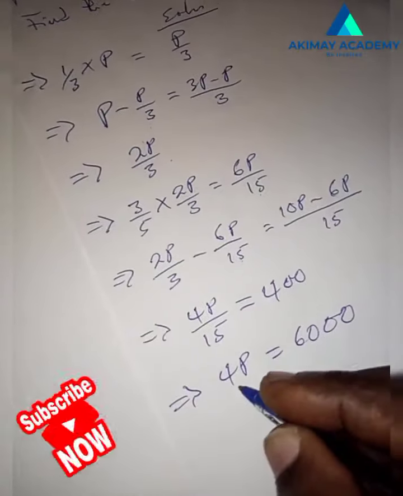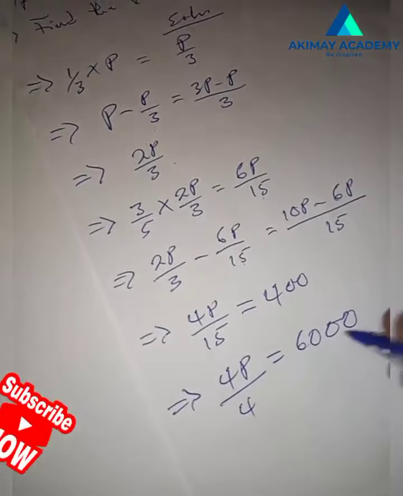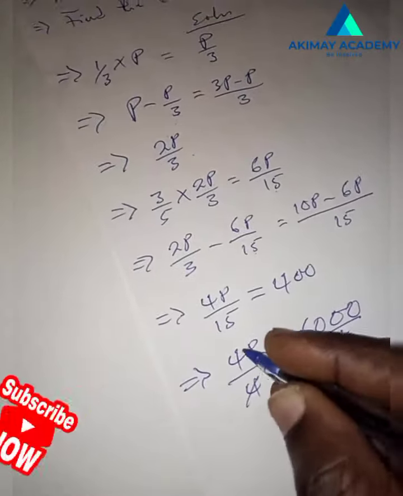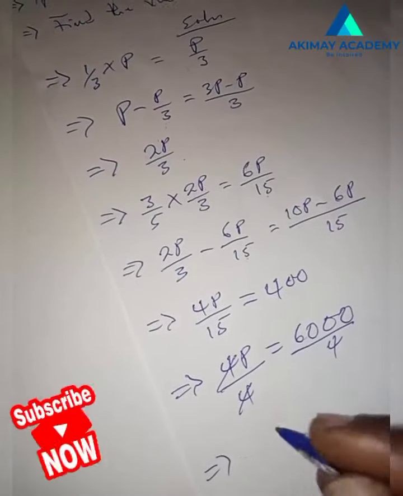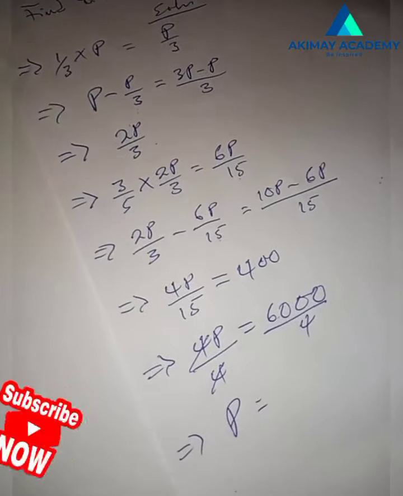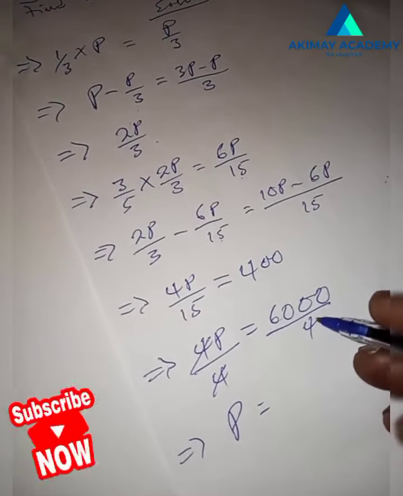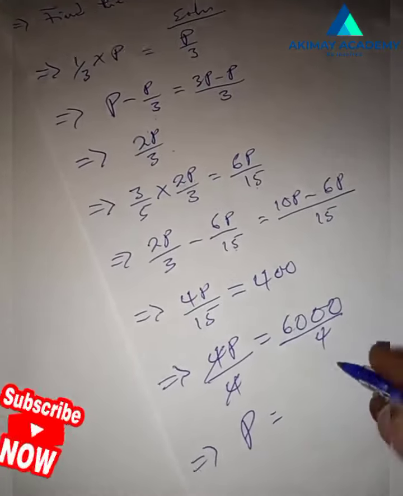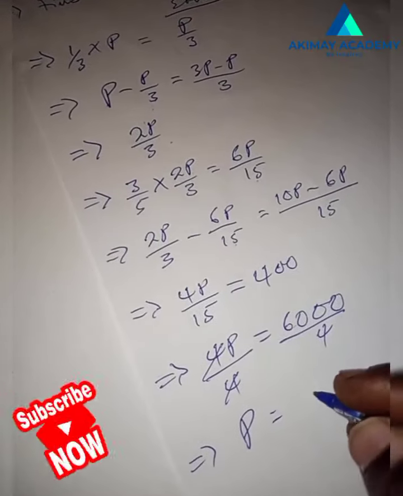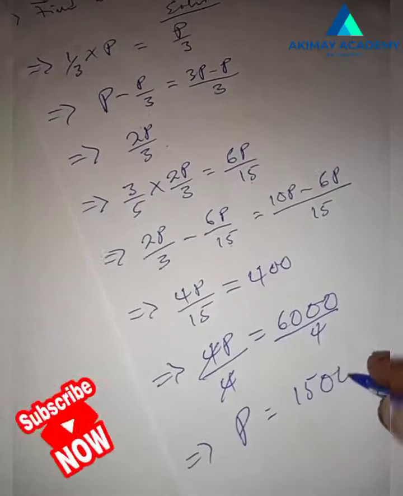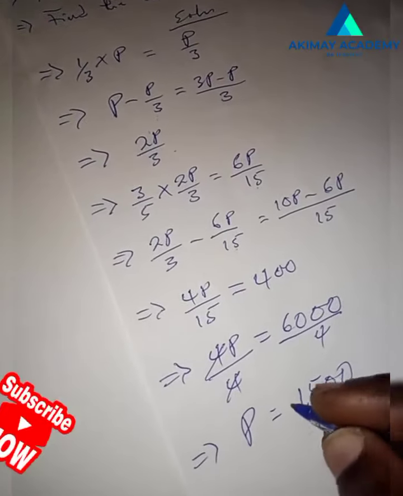Okay, so we divide both sides by 4. Then 4 cancels 4 off. Then our p equals, so we are dividing 6,000 by 4. So 60 divided by 4 gives us 15, right? So we have 15. Then we add our 2 zeros, 1,500.